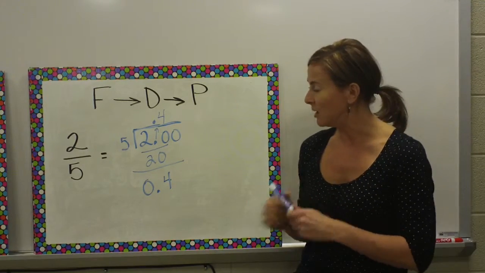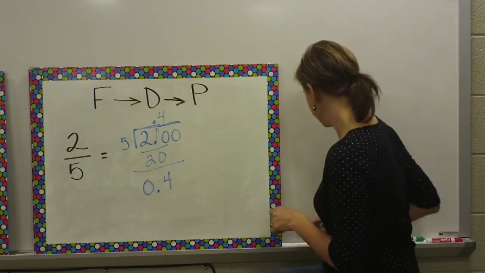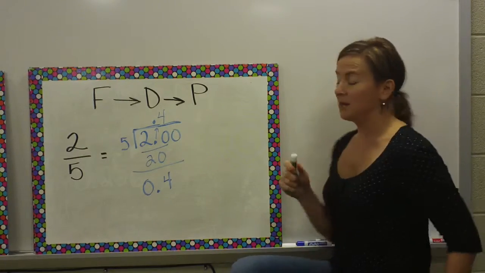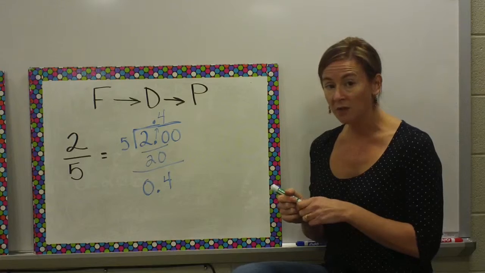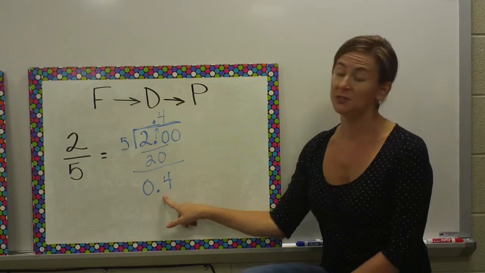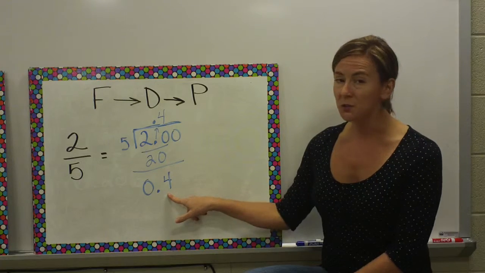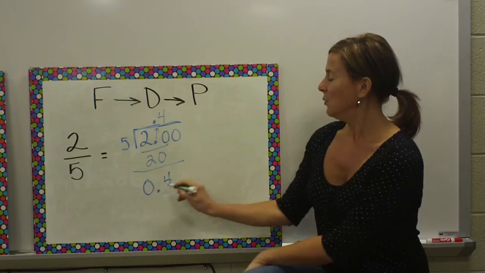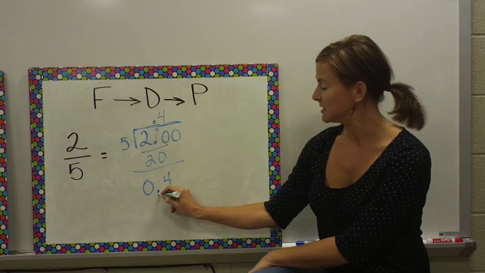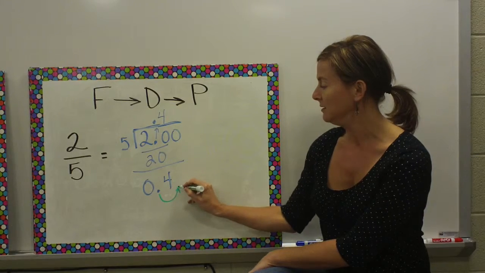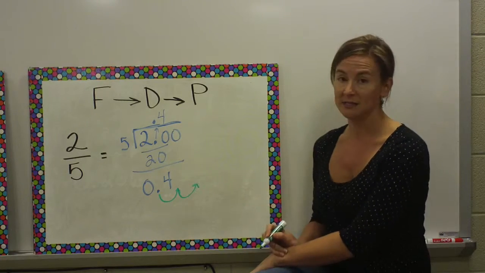Now, to get from a decimal to a percent, because a percent is a number out of 100, what we're going to do is multiply 0.4 by 100. But there's a shortcut in doing that. What you do is you take the decimal point and you move it back 2 places.